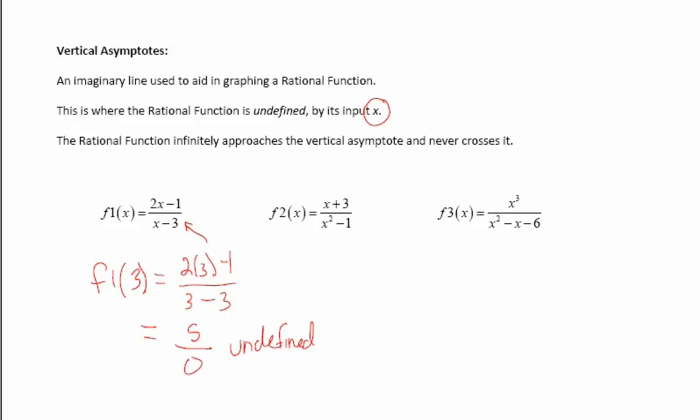The domain of this function is all numbers from negative infinity up to 3, unioned with 3 to infinity. What we'll see when we graph it is that this graph does not cross x equals 3. We'll put a vertical line at x equals 3, and that will be our vertical asymptote.